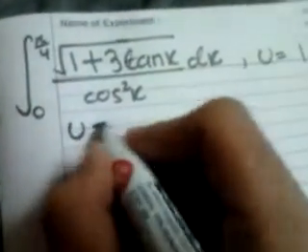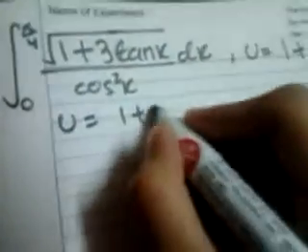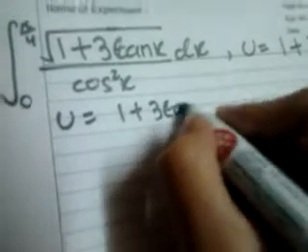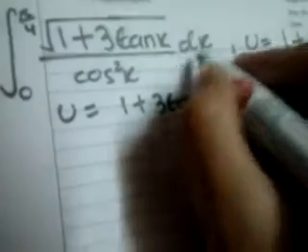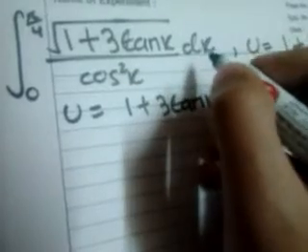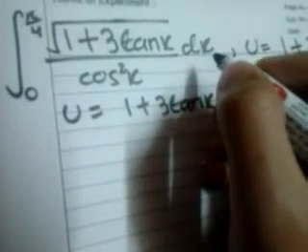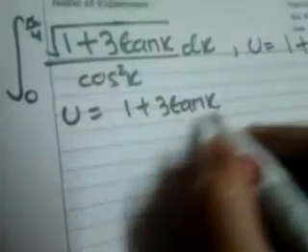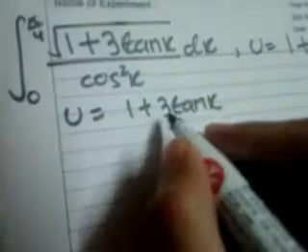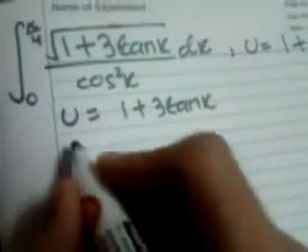So let's begin. So it's given that u equals 1 plus 3 tan x. The first thing to do is replace dx by du. And how do we do that? First of all, we have been given this, and from this we can do that.